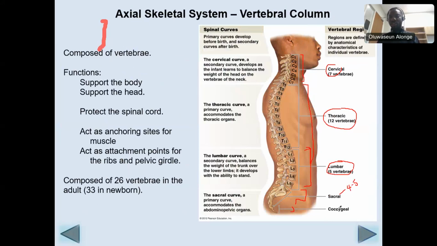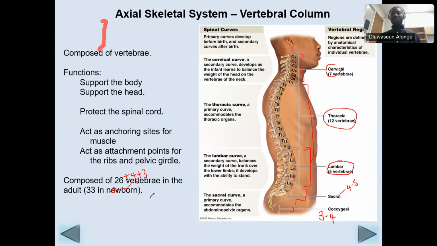Then the coccyx used to be about 3 to 4 bones also in newborns. So if you add 7, 12, 5, plus 4, plus 3, that makes it 33 bones in newborns.